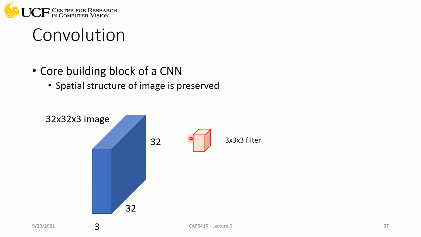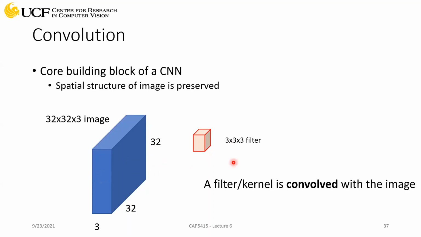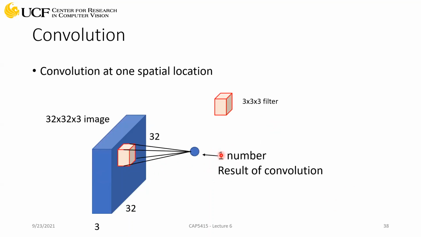Then you perform convolution of this filter on this input data, and this is similar to what you did for filtering. You take this kernel or this filter and apply it at all the possible locations in this input image. So this filter is convolved with the image.